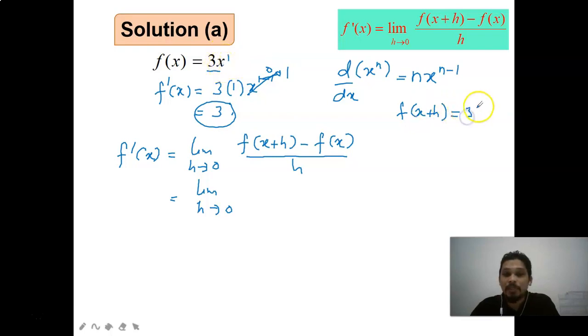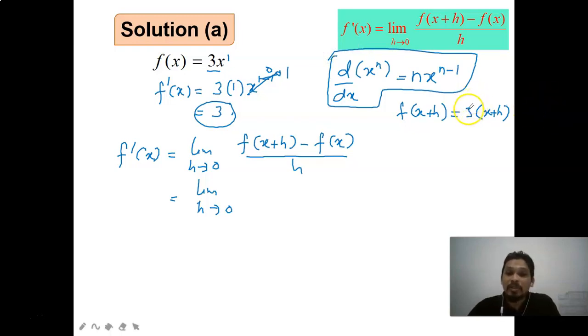Okay, 3 times (x plus h). Okay, this is a different part, but just recall your previous knowledge from secondary school. So 3(x plus h). So right now here, 3(x plus h) minus f(x), and f(x) equal to 3x, and everything divided by h.